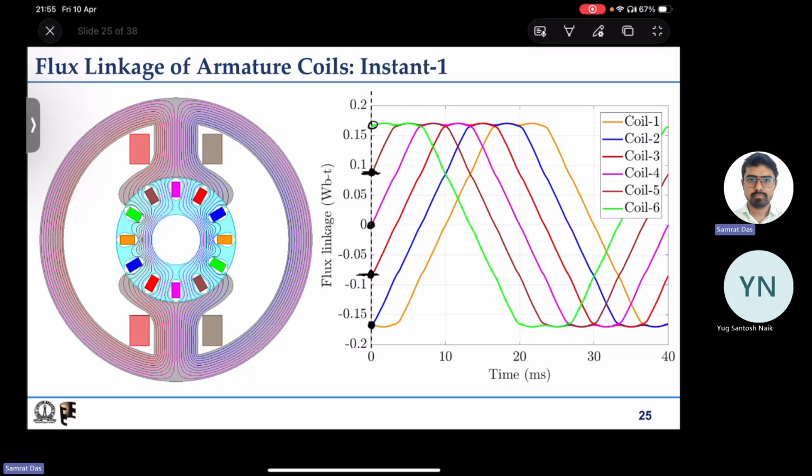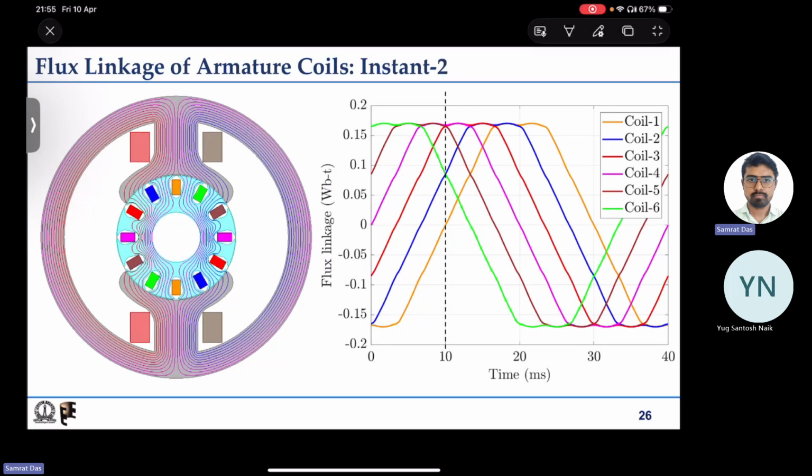The green one has some positive flux linkage with the same magnitude as the blue one. So this explains the linkages of the 6 different coils at instant 1.